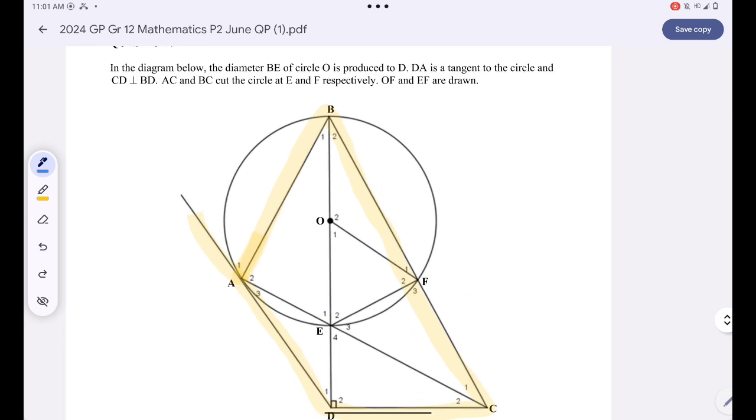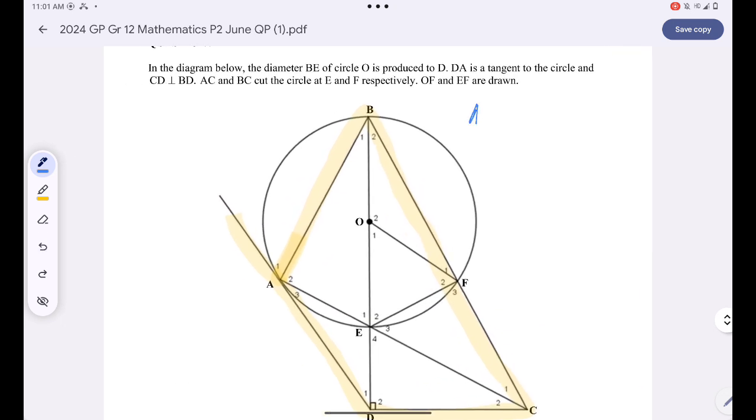I know that angle A2 is equal to 90 degrees. This is just an angle in a semicircle. Are you together? And also angle D2 is equal to 90 degrees. Why? Because CD and BD are perpendicular to one another. So this simply means that A2 is equal to D2 because both angles are equal to 90 degrees.